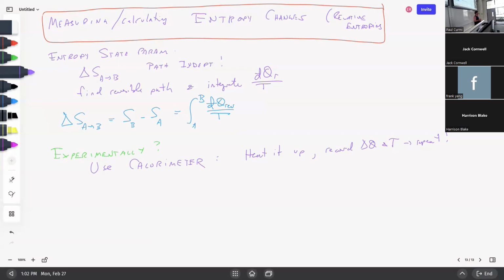So in this case, it's entropy, whatever that is. And the way you change entropy is dq on T. The system has entropy, and the way you change the entropy is by using dq on T. Just like the system has energy, and the way you change the energy is either you heat it or you work on it.